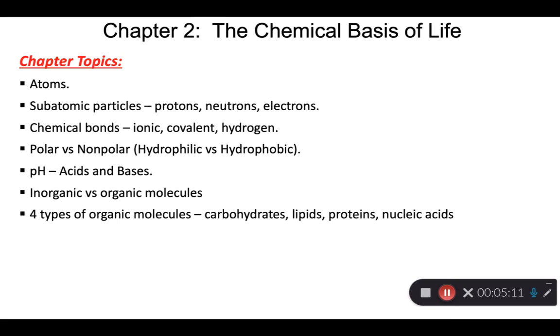We really finish up by talking a lot about these organic molecules. This is probably the most important concept in this chapter. We need to understand and appreciate the difference in these four types of organic molecules, such as carbohydrates.